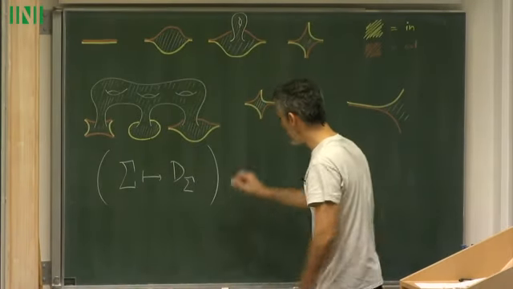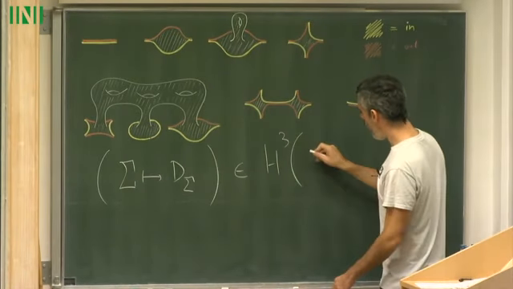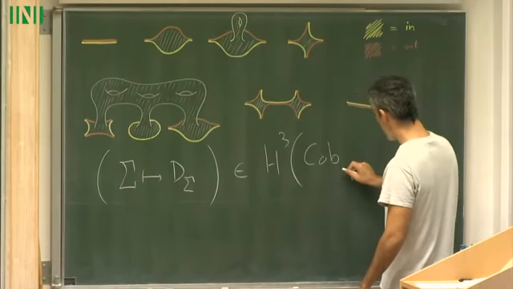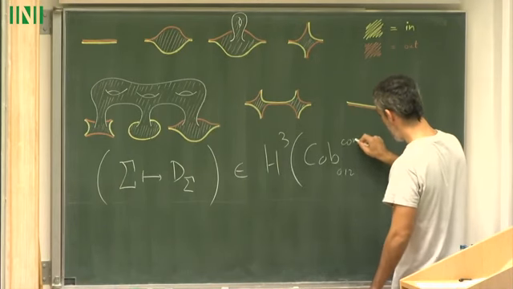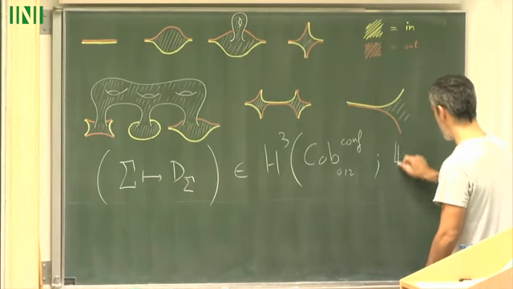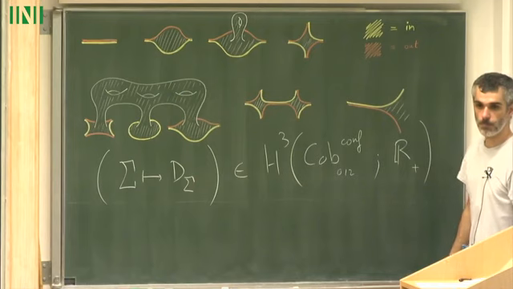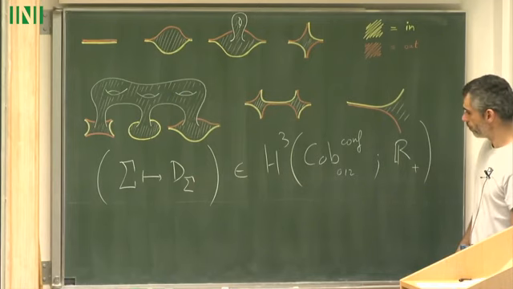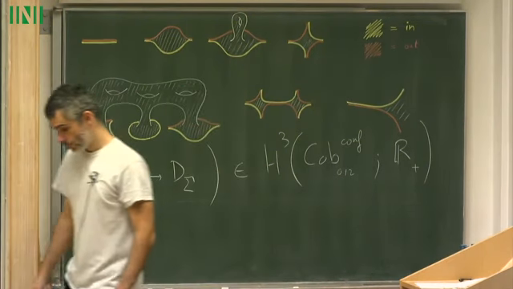That whole package is an element in some H3 of the complex cobordism 2-category with coefficients in R plus. So if you just restrict to the moduli space, if you fix a genus and look at the closed surfaces of that genus.